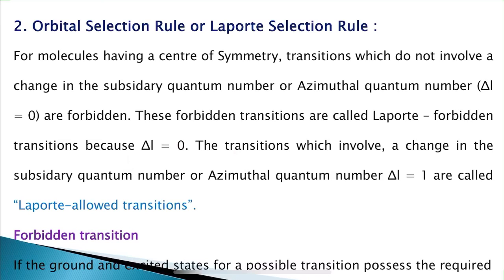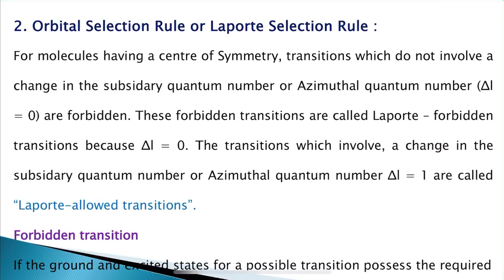The transitions which involve a change in the subsidiary or azimuthal quantum number, suppose delta l is equal to 1, are called Laporte allowed transitions.